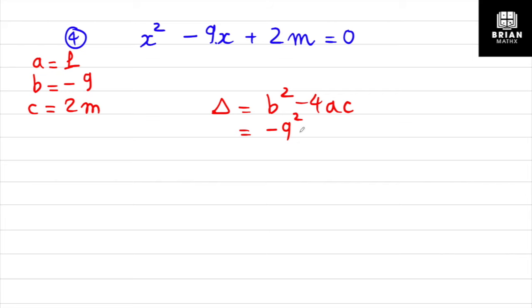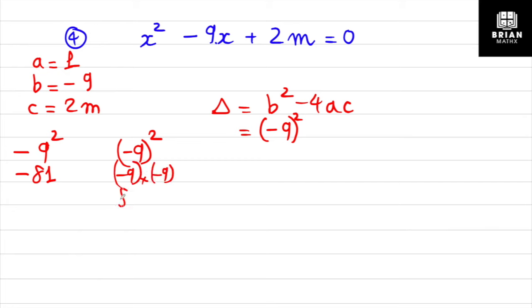A lot of my students make mistakes about this one because they forget to put the negative 9 into the bracket. You can see that there is a difference between negative 9 inside the bracket squared and the square outside. For the left hand side, calculating, you got negative 81, but in the right hand side you got negative 9 multiplied by negative 9, and it is equal to 81.